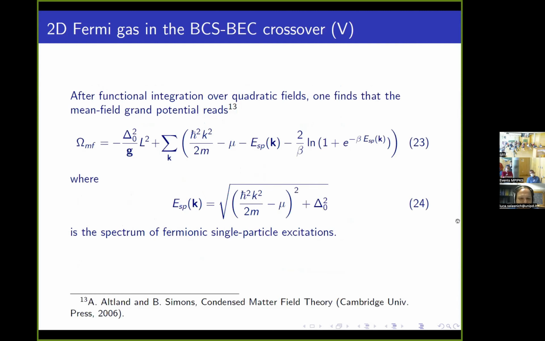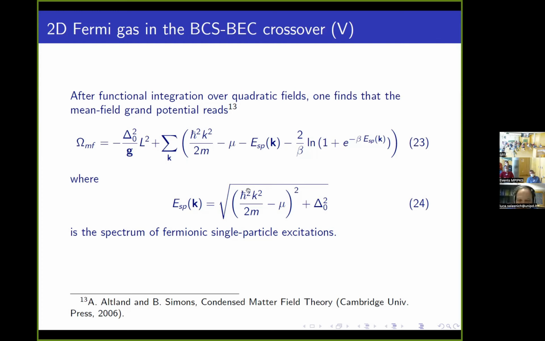In particular, after functional integration over the quadratic fields, one finds that the mean field grand potential is given by equation 23, and you see it appears the energy gap delta naught squared divided by the strength G. And there is also an expression here which involves this capital E_sp, that is the spectrum of fermionic single particle excitations, which gives a zero temperature contribution, but also a finite temperature contribution.